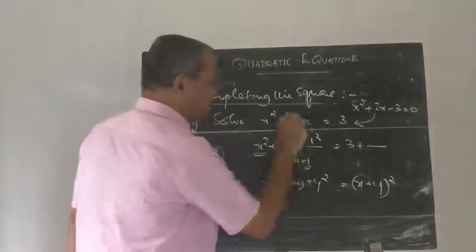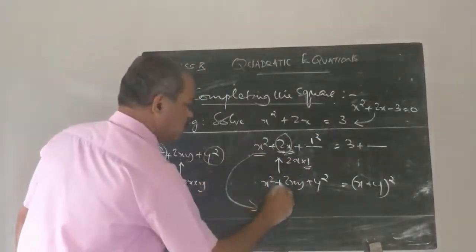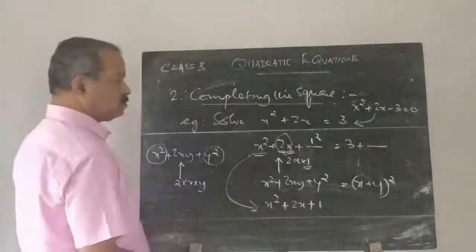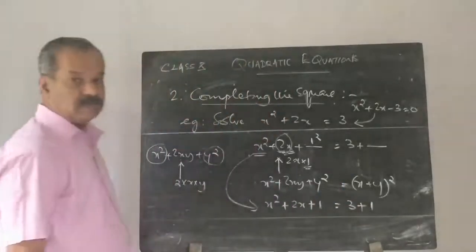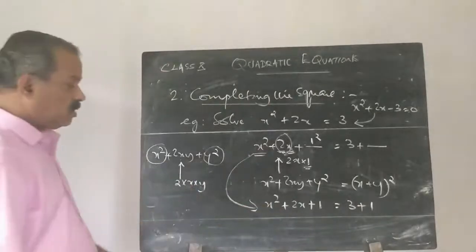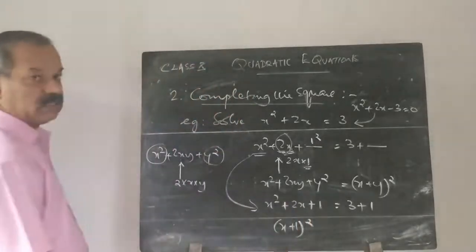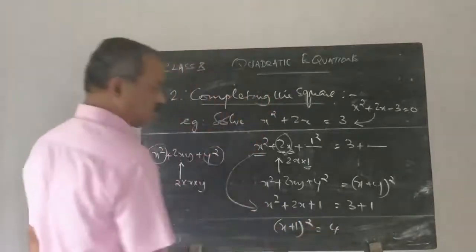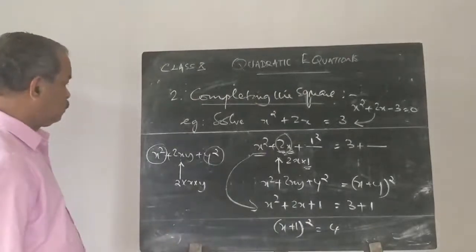Then the left hand side becomes x square plus 2x plus 1, equal to 3 plus 1. What is x square plus 2x plus 1? As we have seen already, x plus 1 the whole square. X plus 1 the whole square equal to 4.